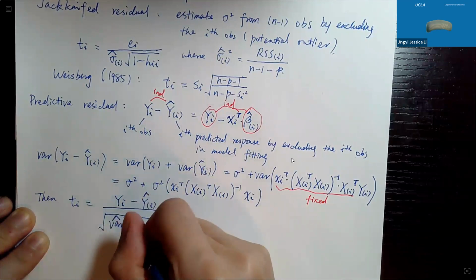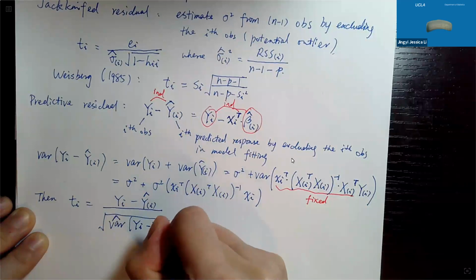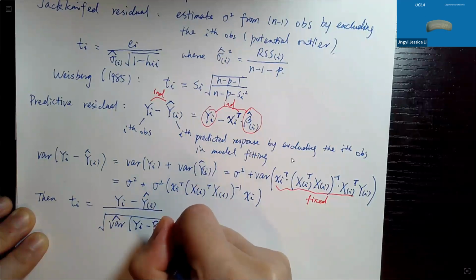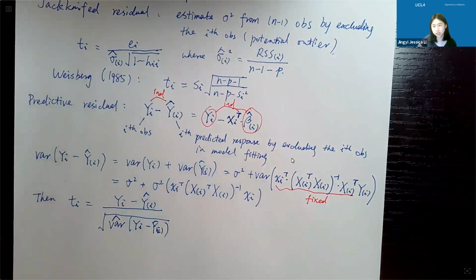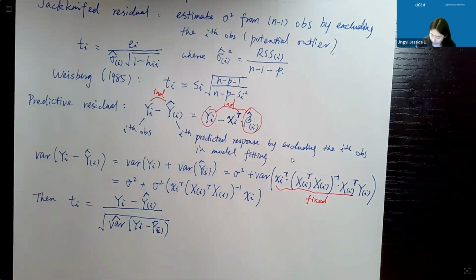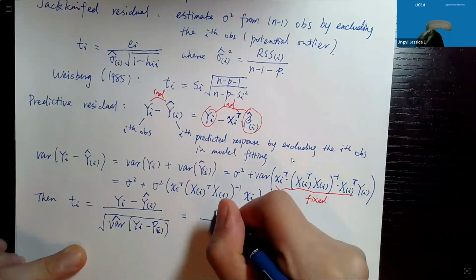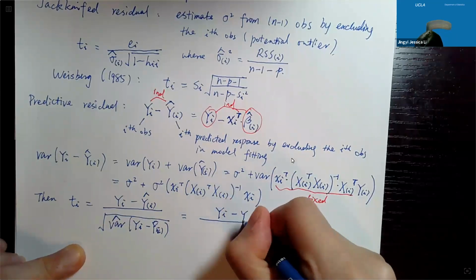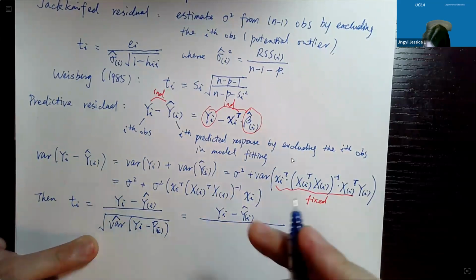I put a hat here. So in other words, you can consider the Jackknife residual to be the standardized predictive residual. It's for your interpretation. So if I make it more explicit, it's this. Here the hat needs to get out.